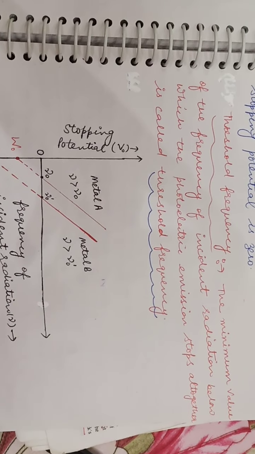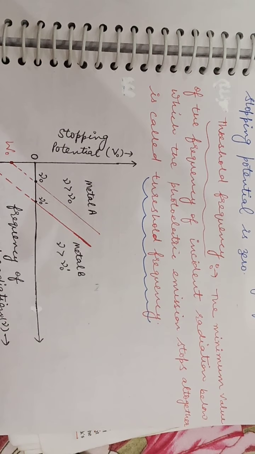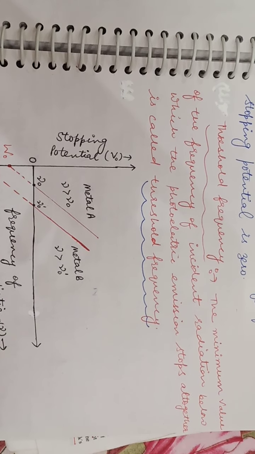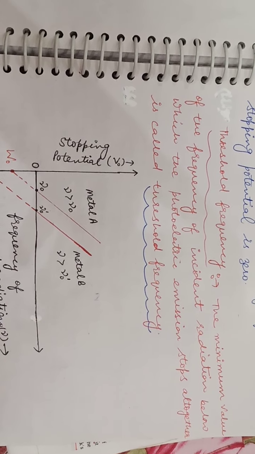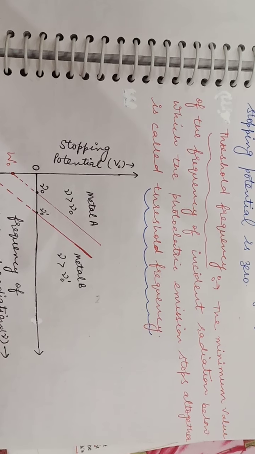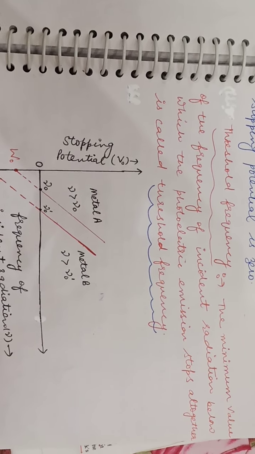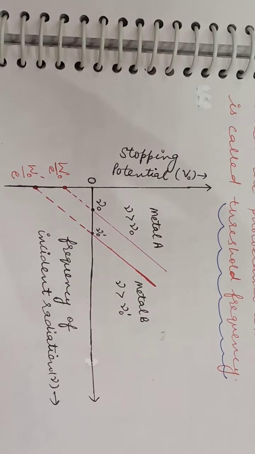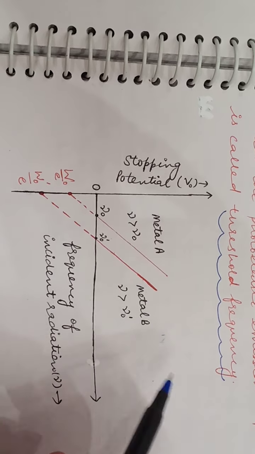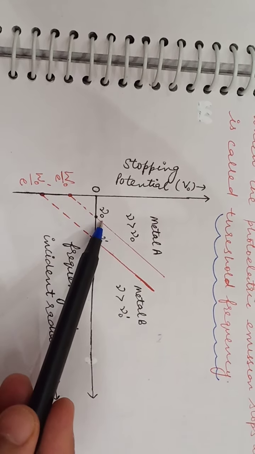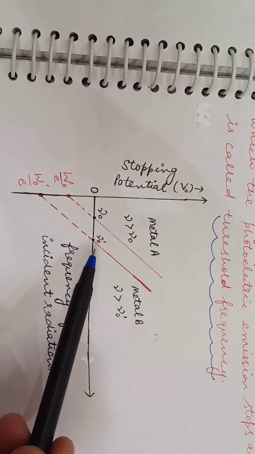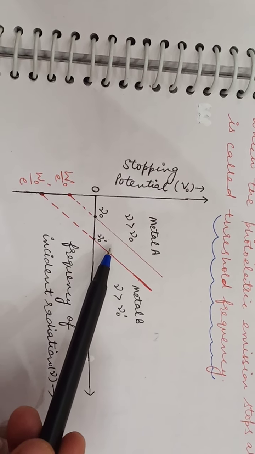Now what is threshold frequency? The minimum value of the frequency of incident radiation below which photoelectric emission stops altogether is called threshold frequency. For metal A, threshold frequency is mu naught, and for metal B, threshold frequency is mu naught prime.